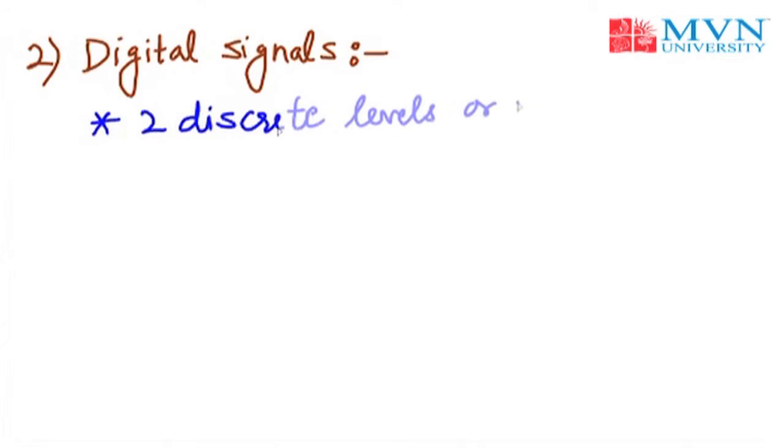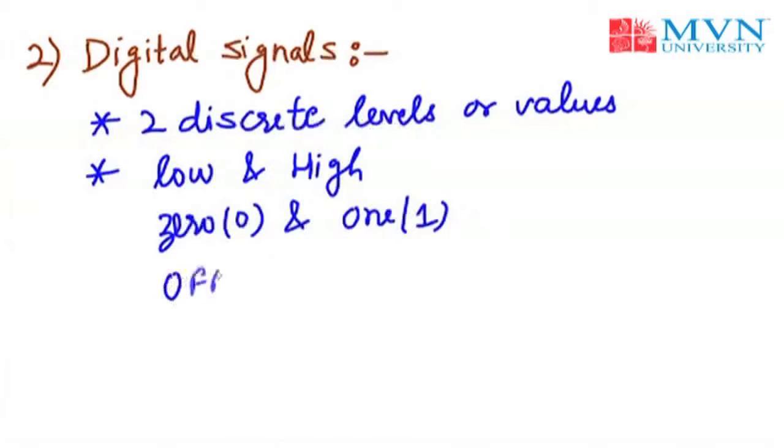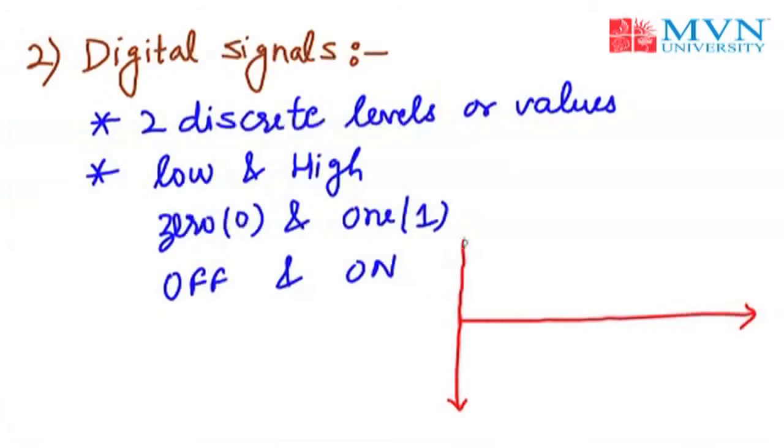Now we will discuss digital signals. A digital signal has two discrete values. These two discrete levels can be represented by the terms low and high, or 0 and 1, or we can say off and on. So we are dealing with only two discrete levels, therefore it has only two values, and we can show it using this graph.